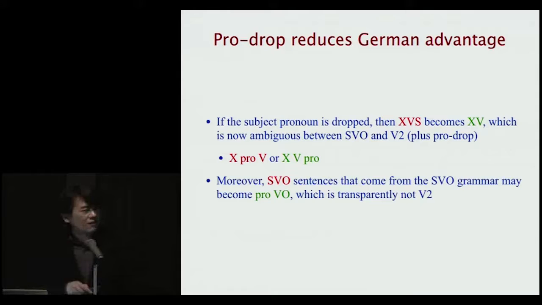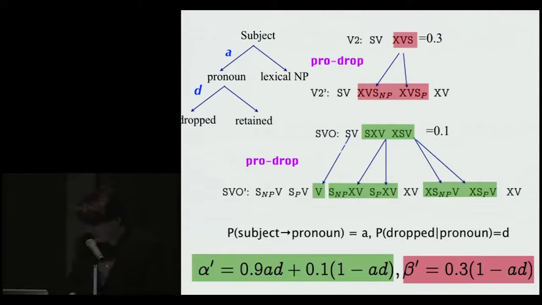Now, of course, if you have an SVO sentence and you give it pro-drop, well, then it actually would amplify the advantage of SVO grammar over V2, because if you drop the subject, the sentence becomes V1, which is transparently not V2. So between the two factors of this double whammy, the V2 grammar is going to lose out to the SVO grammar.